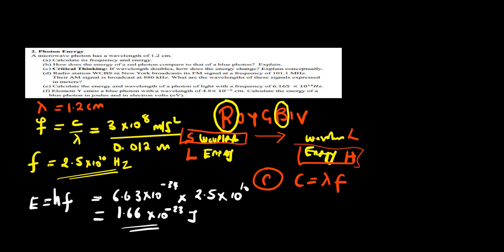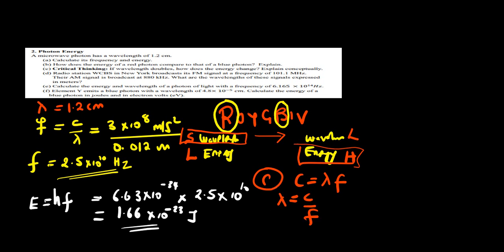If we make the wavelength the subject of the formula, we have wavelength equals speed of light over frequency. Now you are able to see that your wavelength is inversely proportional to your frequency. That is very important to mention.